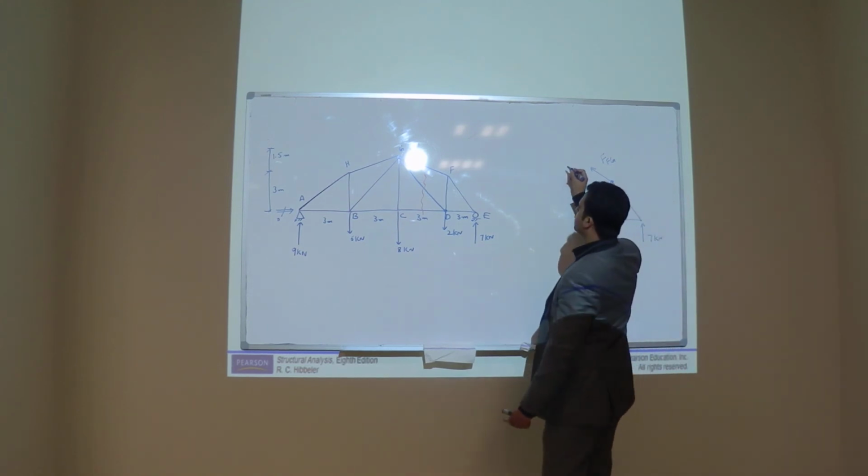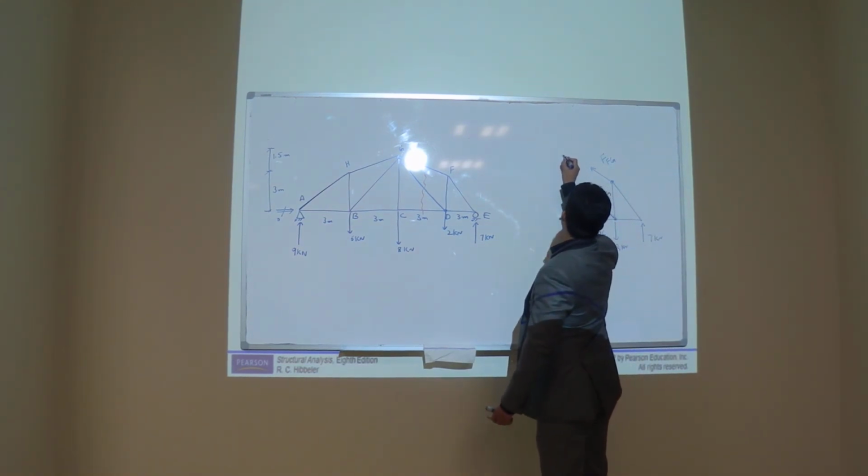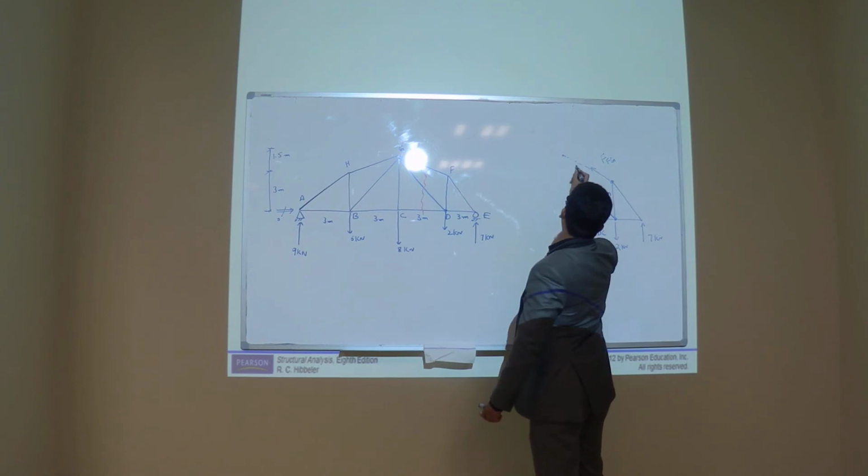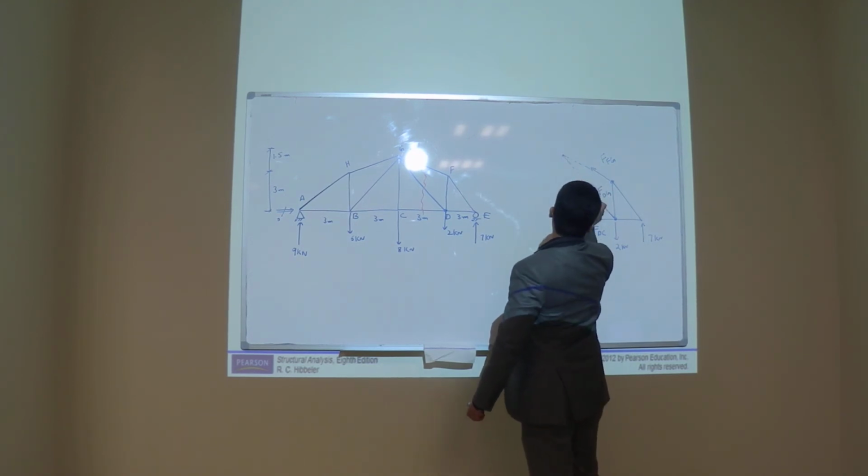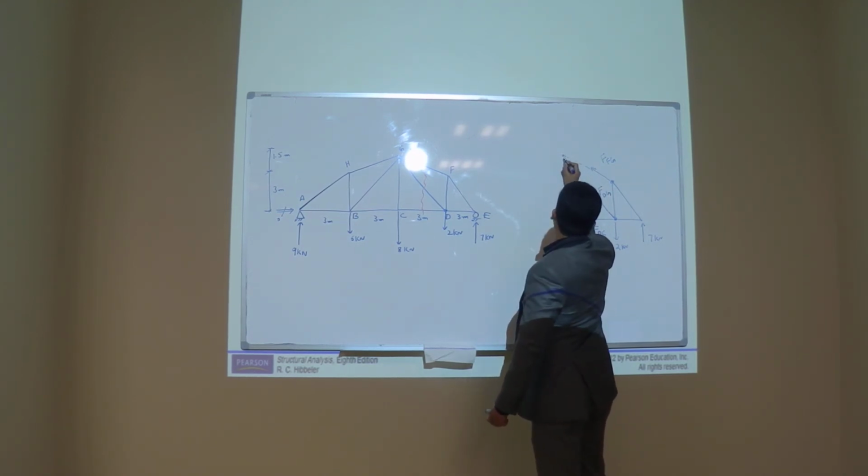You can also draw the joint G if you want, but with a dashed line, not with solid lines.